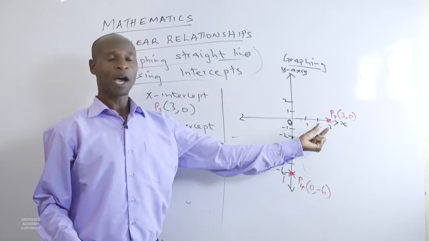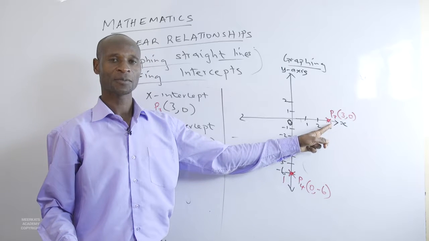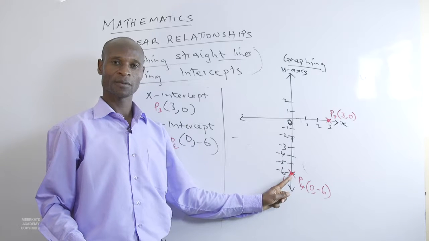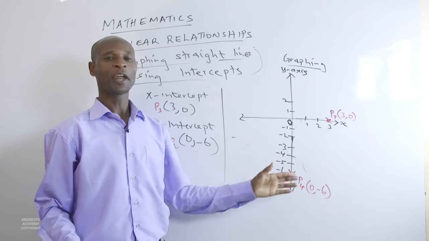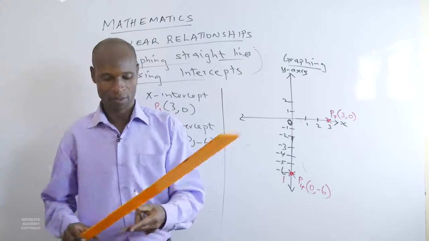Once we have plotted our 2 points, that is a point on the x-axis, what we are calling the x-intercept, and a point on the y-axis, what we are calling the y-intercept, you now take a ruler and join the 2 points.